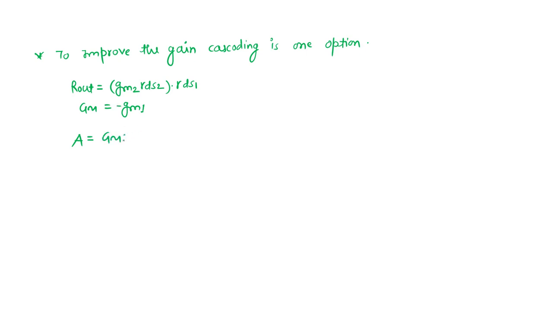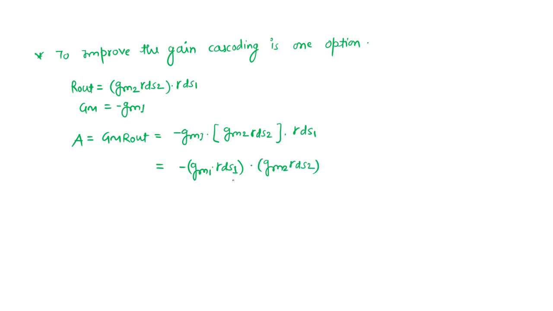This is minus GM1 times GM2 RDS2 RDS1. Overall, the gain was previously minus GM1 RDS1. Now it is multiplied with the intrinsic gain of the cascode device. Let's say it was a factor of 10, and the cascode device is also a factor of 10, so now the gain becomes a factor of 100. So gain is increased much. So this is one option.